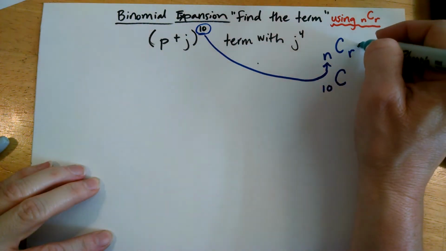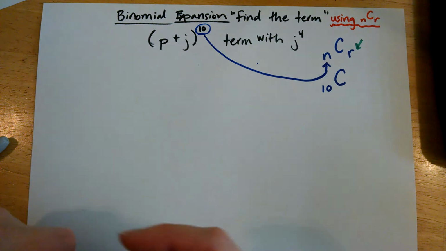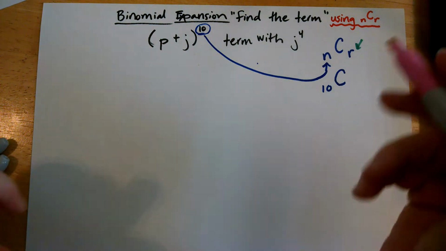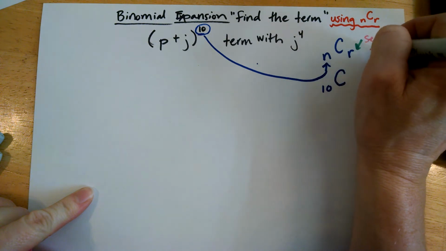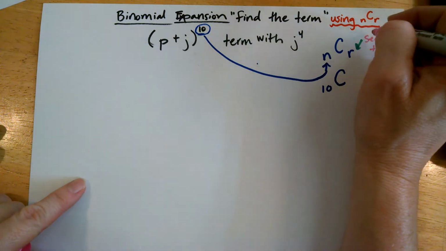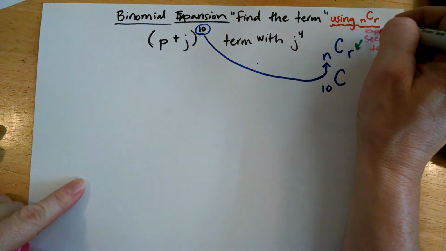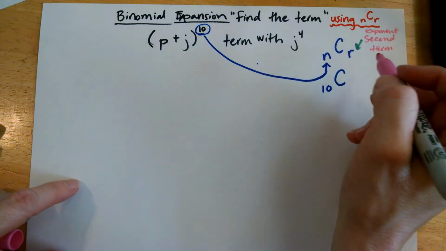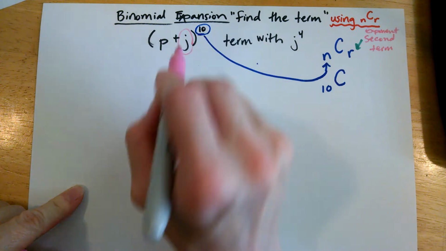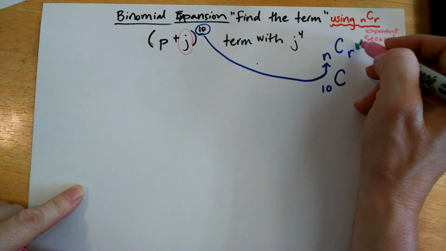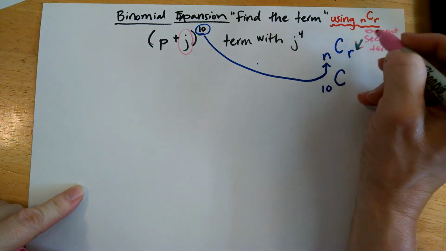The R relates to the exponent of the second term. So whatever this guy is raised to, we want that for the R. That's what that's talking about.